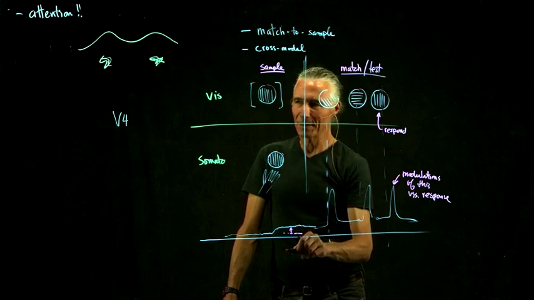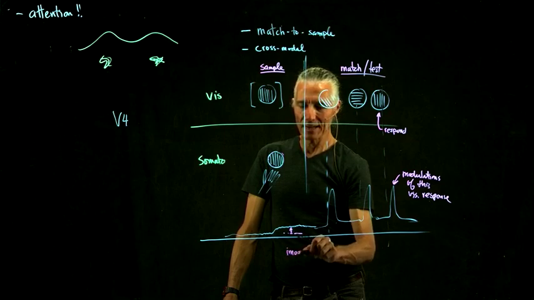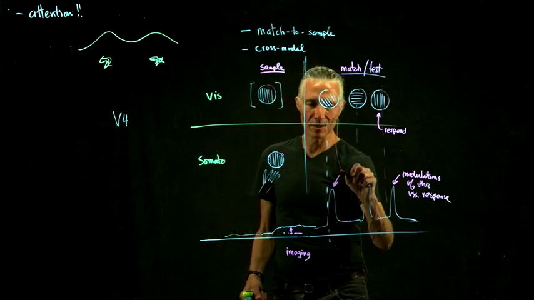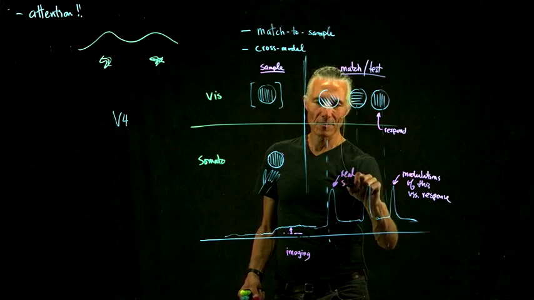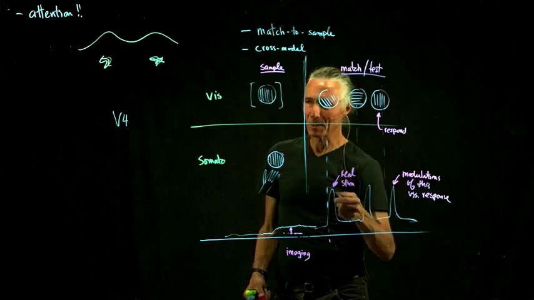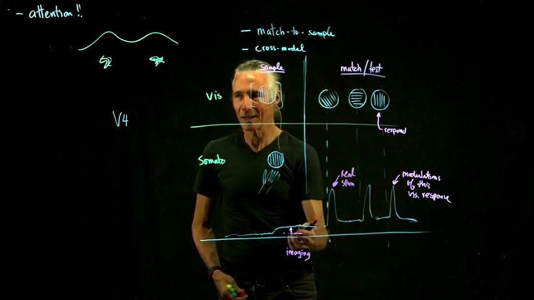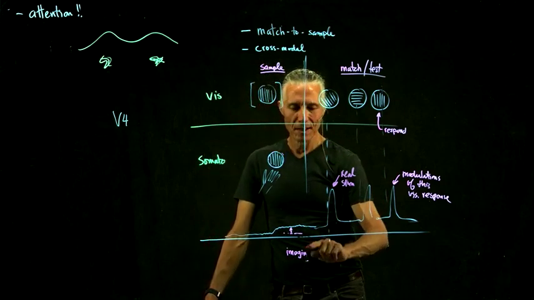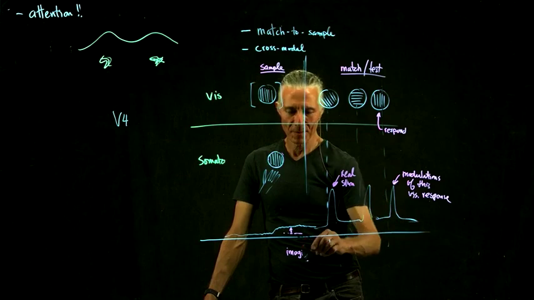So this might be some kind of imagery where it's slightly activating neurons. There's no stimulus out there, so it's not a strong response like a real stimulus. This is a real stimulus. The neuron actually responds much better to a real stimulus than just imagining a stimulus. But this probably represents some kind of imagery.